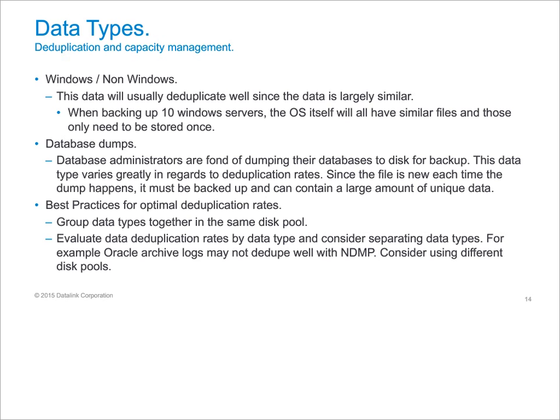You would expect that the two of them on a disk pool may not yield high deduplication rates, as opposed to having all of your NDMP on one and all of your Oracle on another. Those usually will lead to higher deduplication rates. Some experimenting with that will help. And again, leveraging your advanced disk and then duplicating the image to the deduplication pool can help to improve ratios.